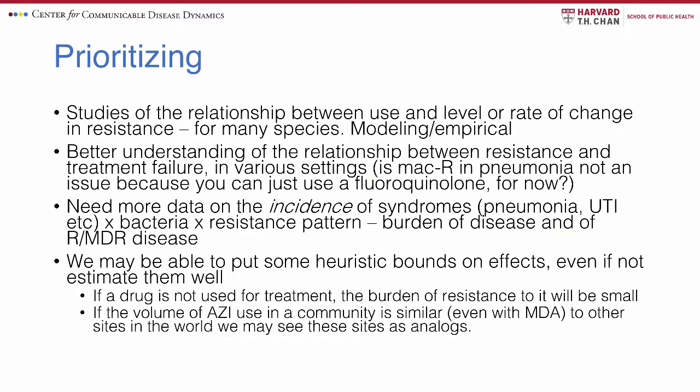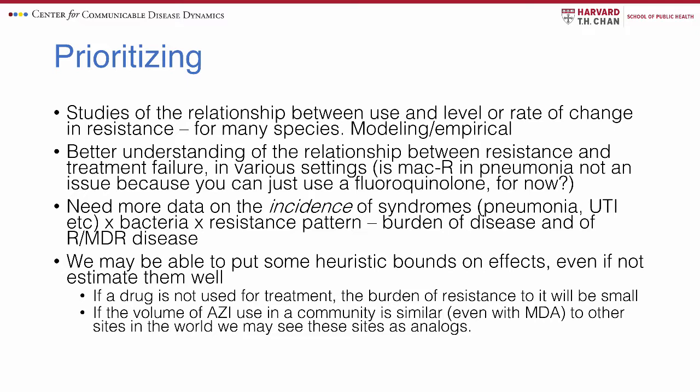In terms of prioritizing what should be done, I think we need studies of the relationship between the use of antibiotics and the resistance to antibiotics in many different species, trying to understand whether it's an effect on the level of resistance or the rate of change of that level. That's a modeling project, as many people at the London School and in our group and elsewhere are interested in.